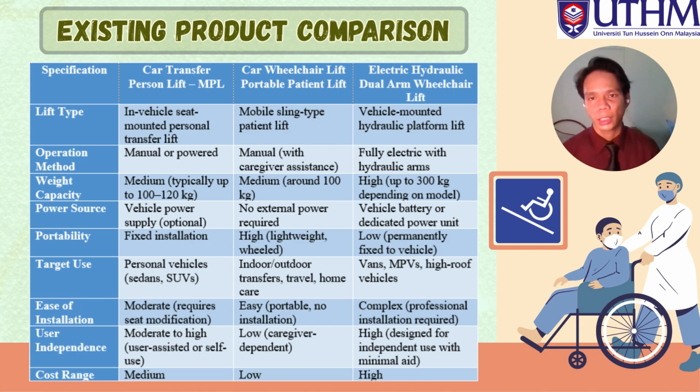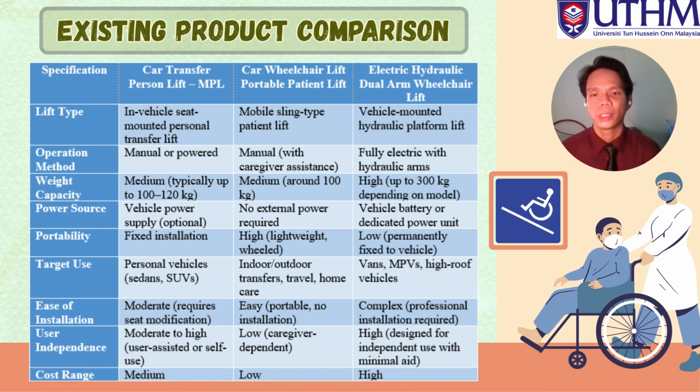The first and second weight capacity is medium, but the last design is high because it has hydraulics and can support more loads. The power for the first design is the vehicle power supply. The second requires no power. The last design uses the vehicle battery.